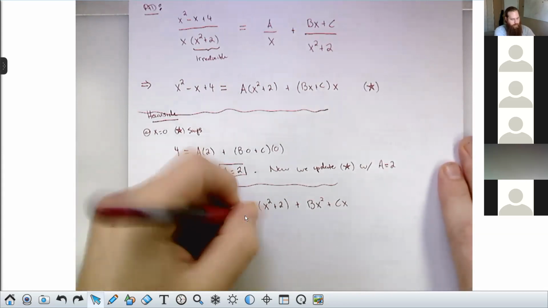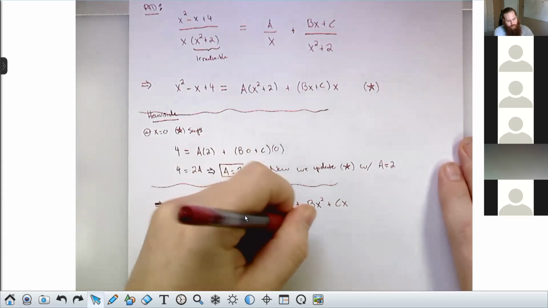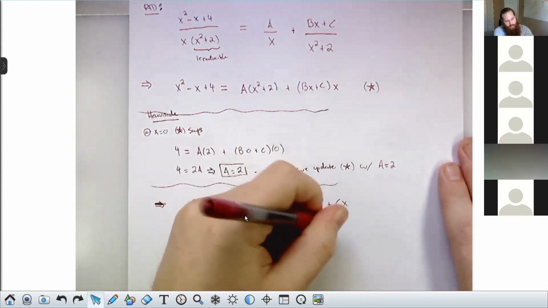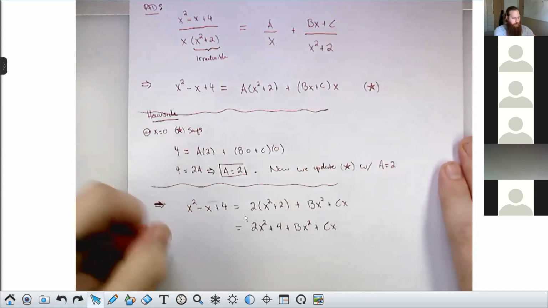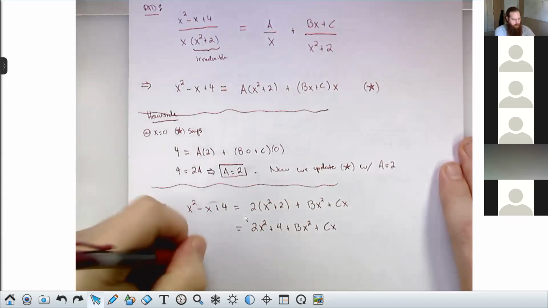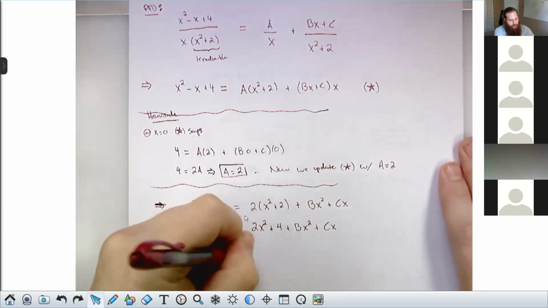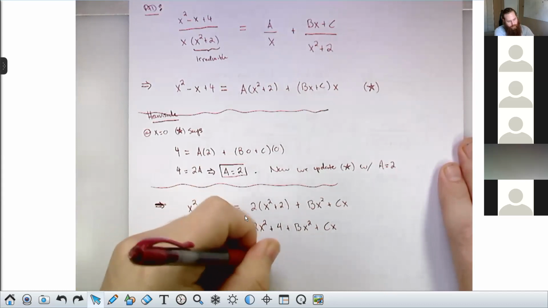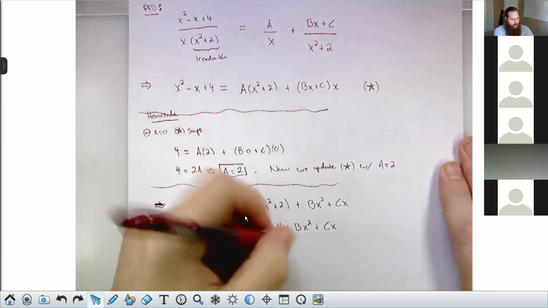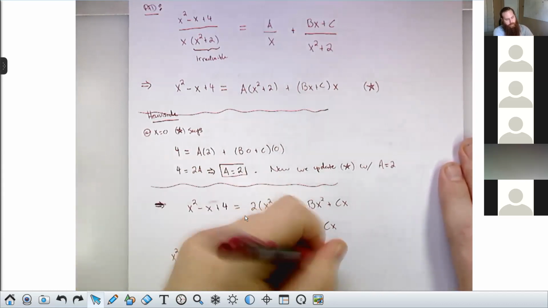So this is the same as saying 2x squared plus 4 plus bx squared plus cx. In other words, I get x squared minus x plus 4 equals 2 plus b times x squared plus c times x plus 4.